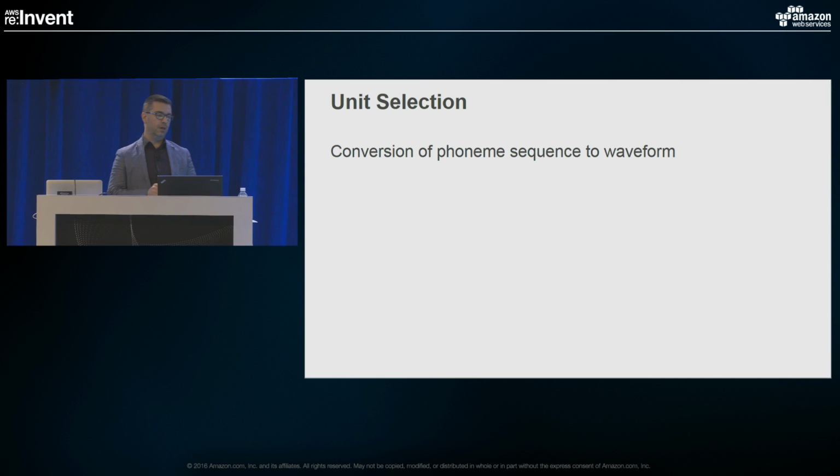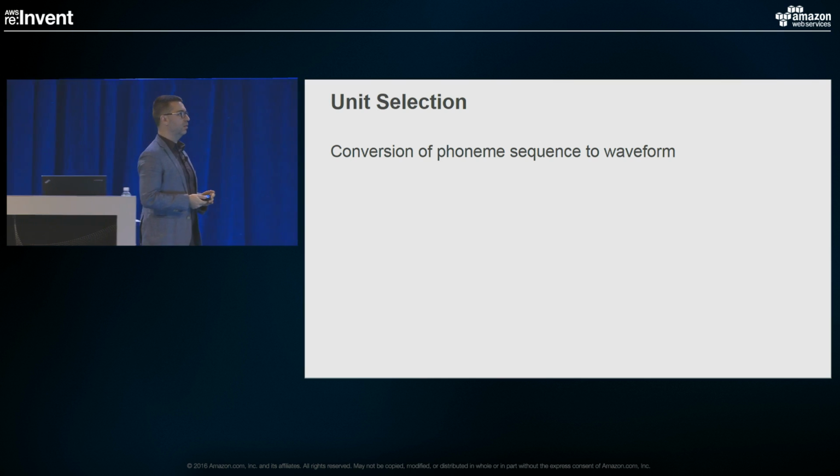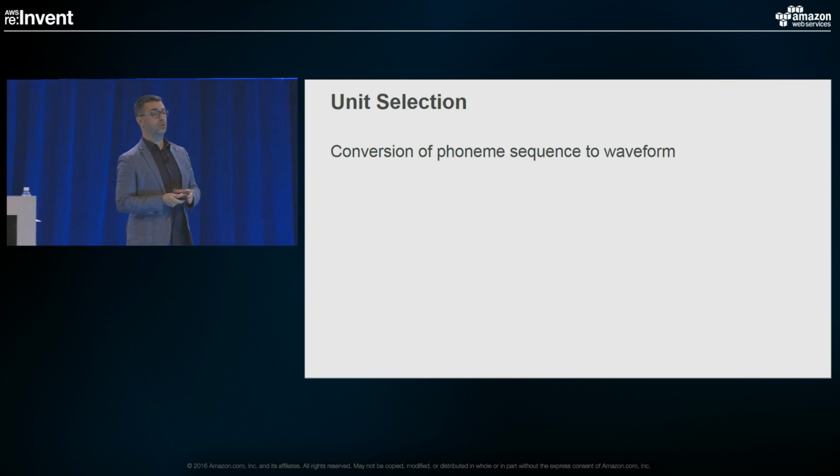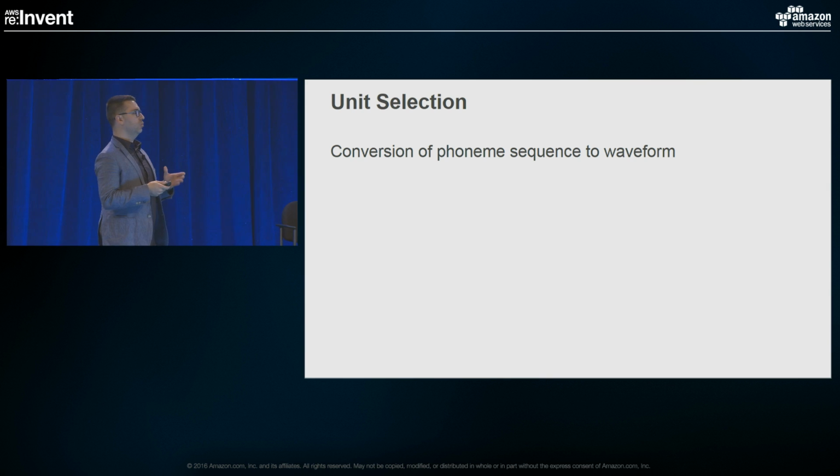Unit selection. I mentioned that we are selecting units from a speech inventory. This technique is called unit selection. It guarantees that we are able to produce high-quality speech. Unit selection is a conversion from the phonetic transcription, from phonemes to waveform.